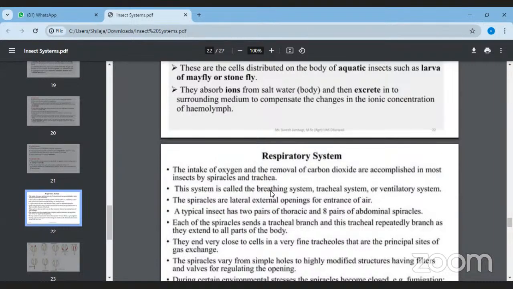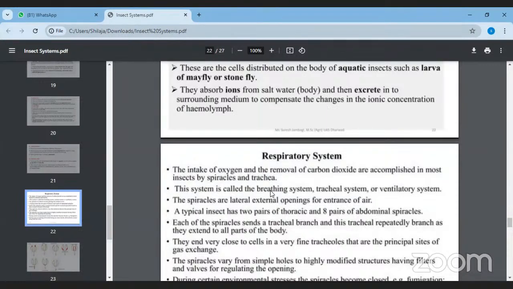Peripneustic has 9 pairs, one thoracic and 8 abdominal, in some larvae.